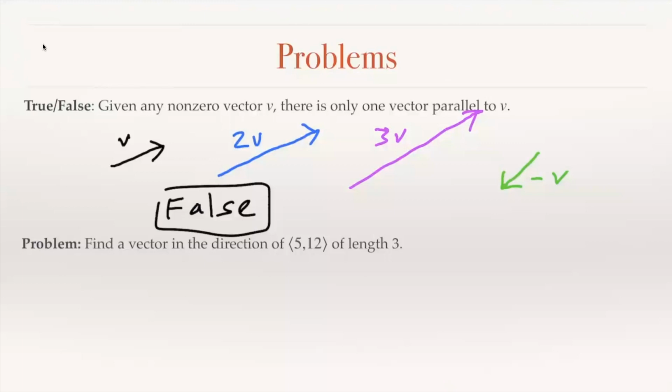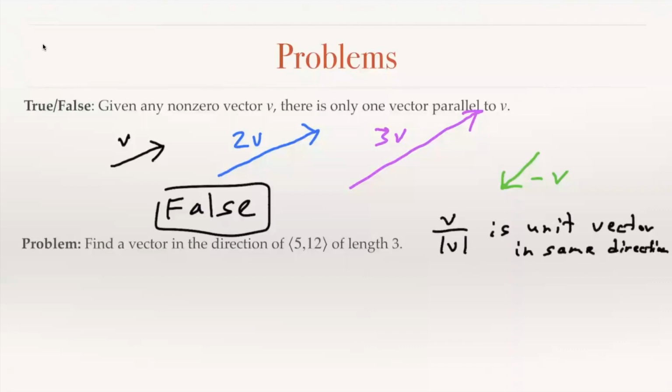So how can we think about this? Well, we know how to make a unit vector in the same direction of a given vector. We know that v over the magnitude of v is a unit vector in the same direction. So let's visualize this. We have some vector v. We can find a unit vector. So let's imagine that that's v over the magnitude of v, which is therefore of length 1, being a unit vector.